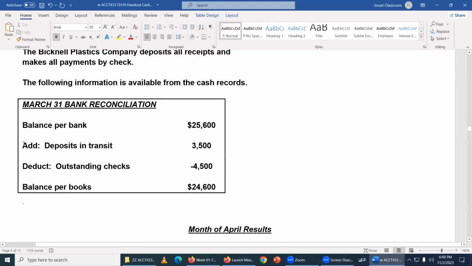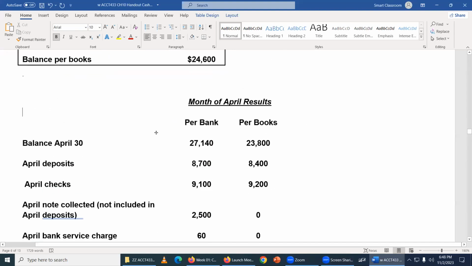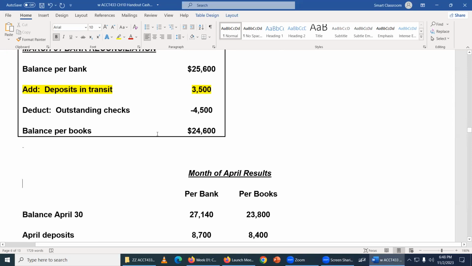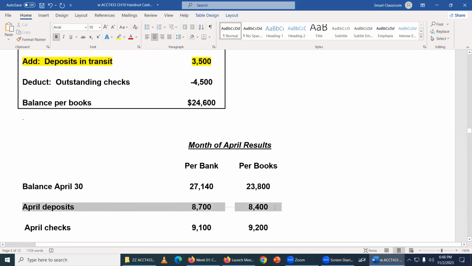So let's take the first one, the deposits in transit. We have deposits in transit of 3,500. Now we come down here, and the company has made $8,400 in deposits, and the bank has collected $8,700 in deposits.